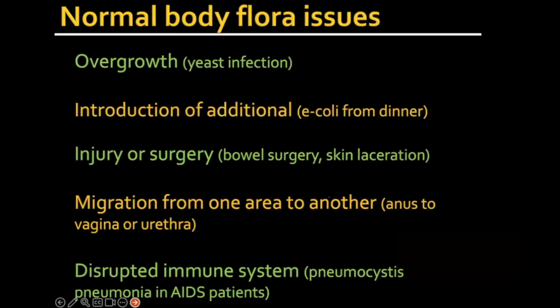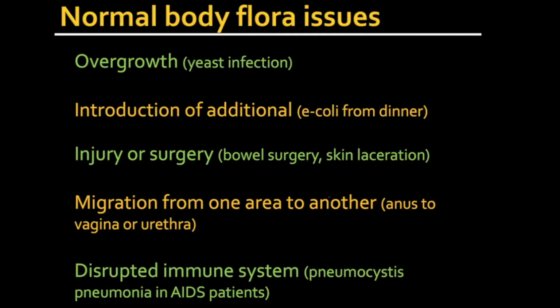Just saying. All right. What causes problems with your normal flora? Number one is overgrowth. We talked about too much yeast. You're going to get a yeast infection. Introduction of additional bacteria, like E. coli in your hamburger meat. That will make you sick, even though it lives in your bowel. Any kind of injury or surgery can introduce problems.